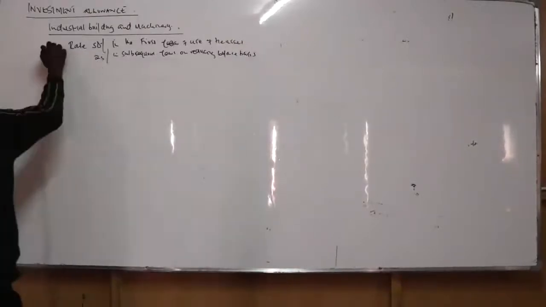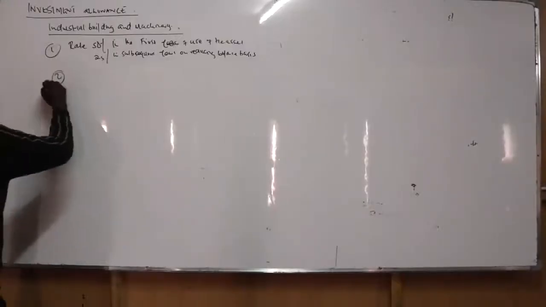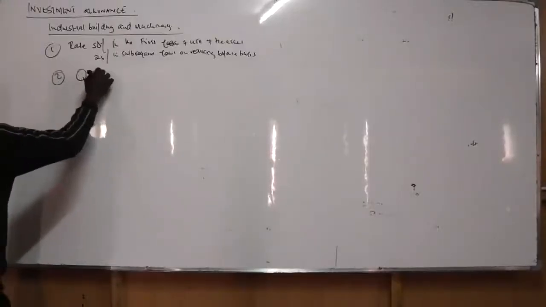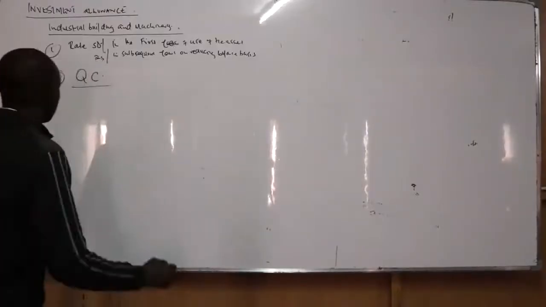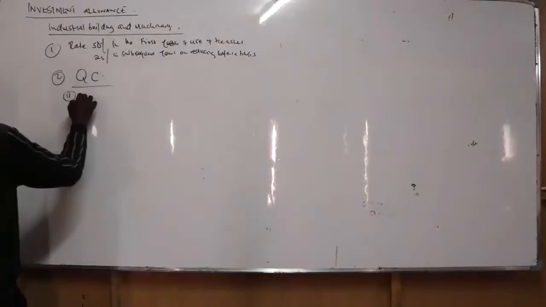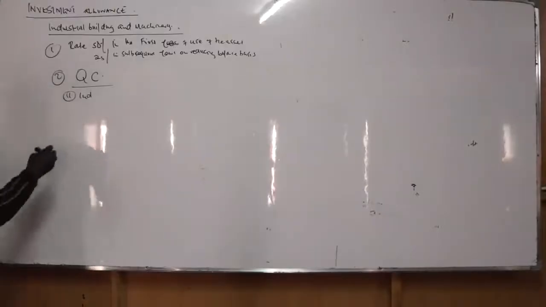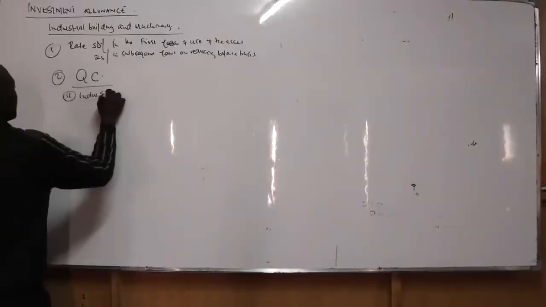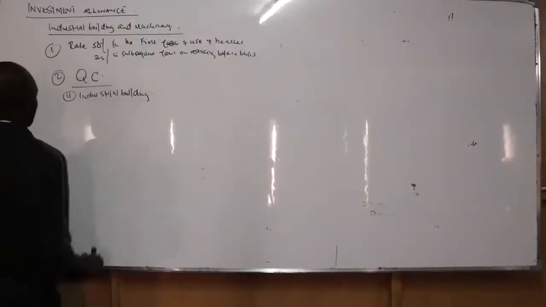So that is the rate. That is number one, what you need to know on industrial building and machinery. Then number two, you need to know the qualifying cost, the assets that qualify under this category. So number one here is industrial building. That one qualifies under this category.